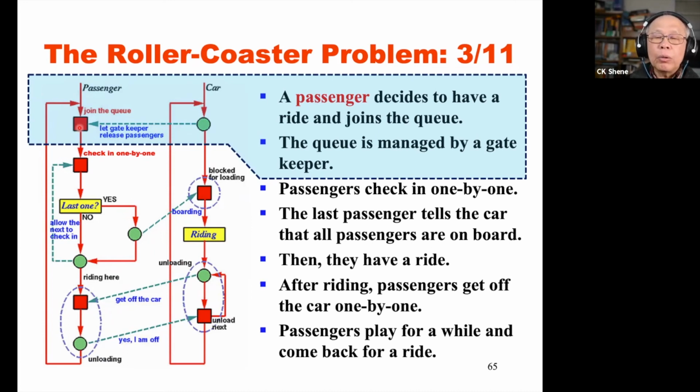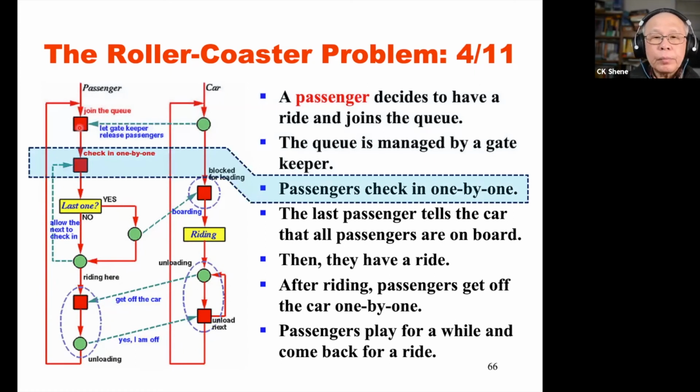Or you could also set this semaphore up as a countdown lock, say allowing C passengers to pass through. It's your choice. Then, when the car informs the gatekeeper that, okay, I am ready, you could allow the passenger to go.